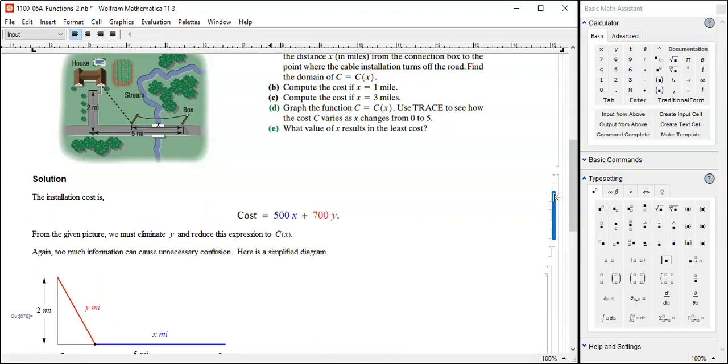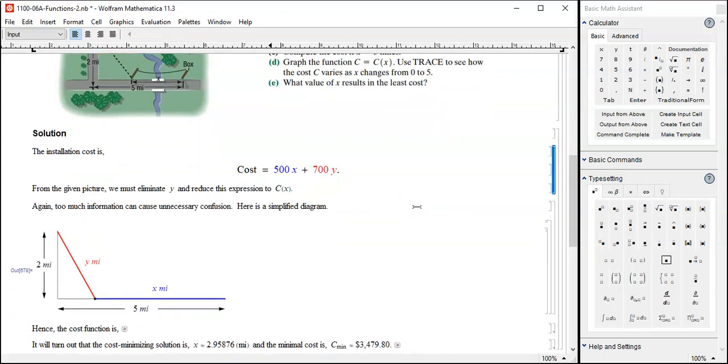Well, here's the answer. 500x plus 700y. Does it make sense? 500 along the road, 700 off the road, with appropriate color coding. So this is 500x, 700y, that's the cost that you want.